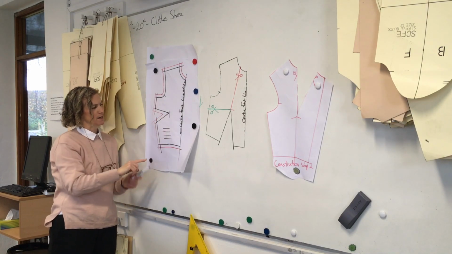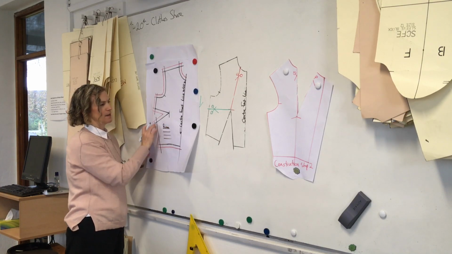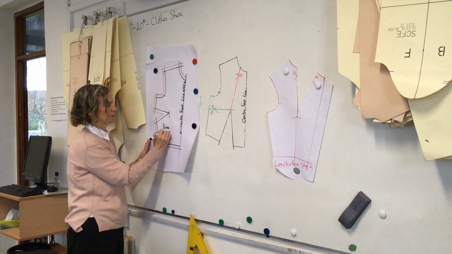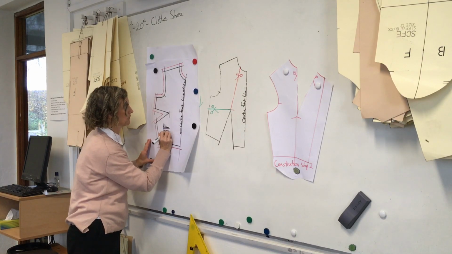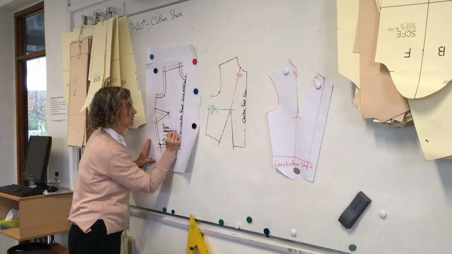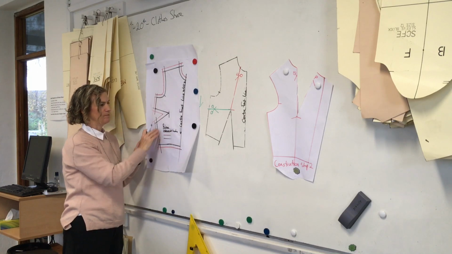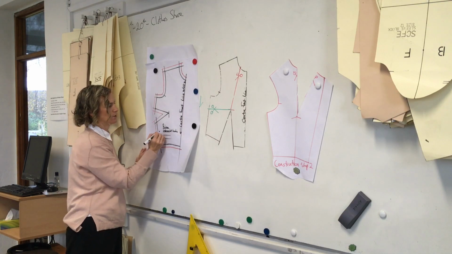And then I've got my 4 lines for my labeling. So my name, the garment this belongs to, so I'm just going to call it the underarm dart bodice, but typically that would be the name of the dress or the blouse or the shirt or whatever.